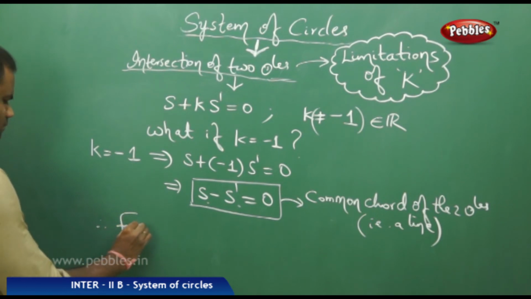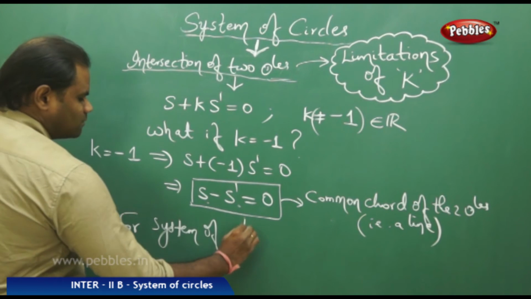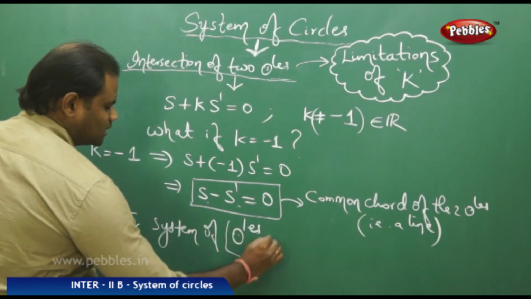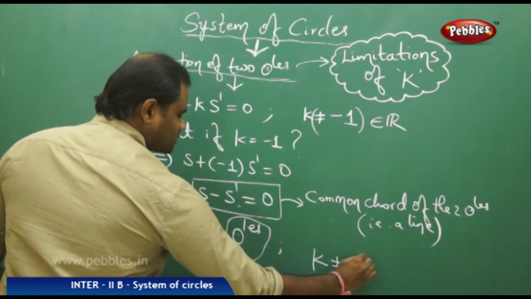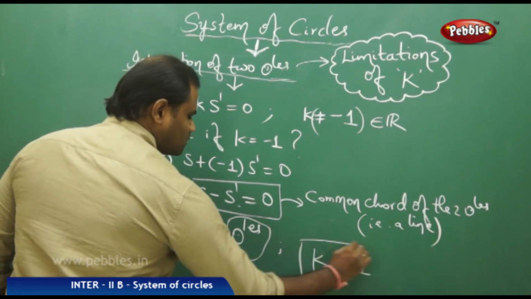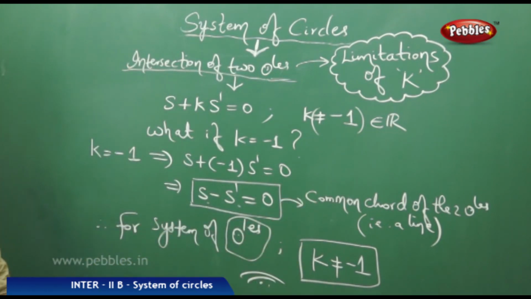Therefore, for the system of circles, k is not equal to minus 1. That is how we understand this concept.